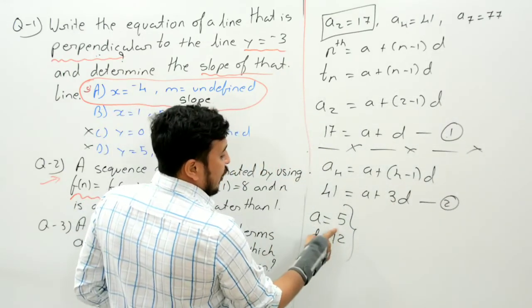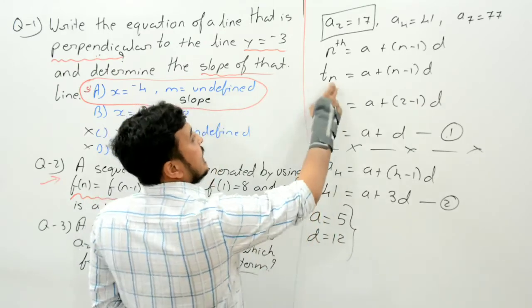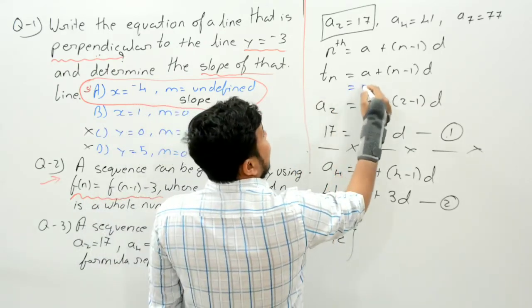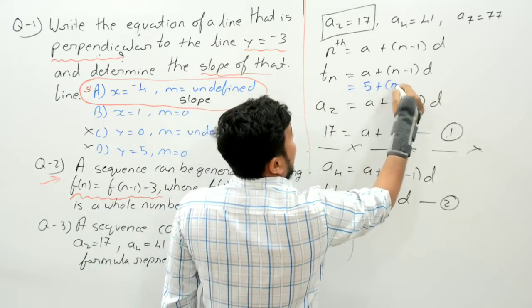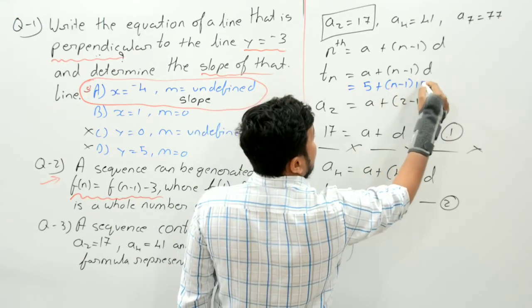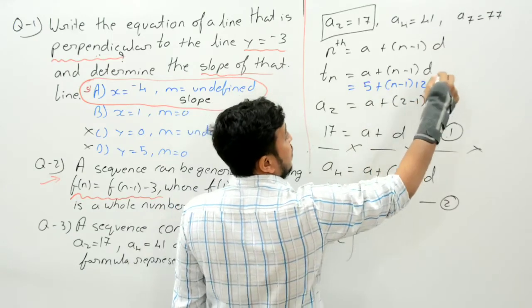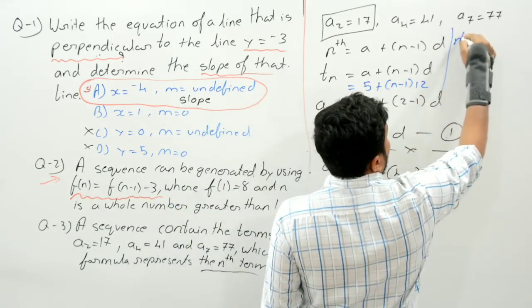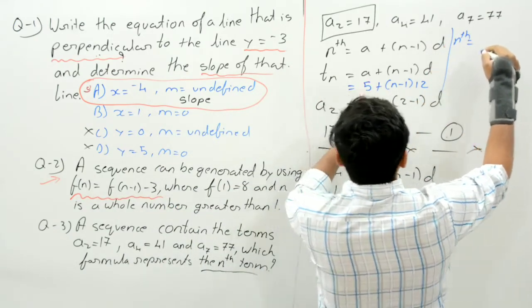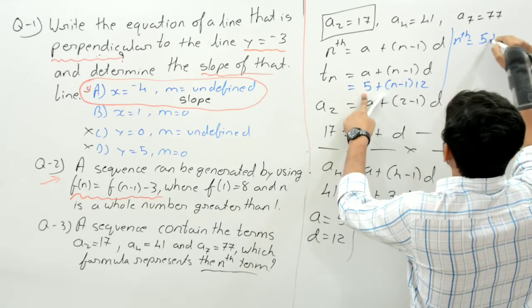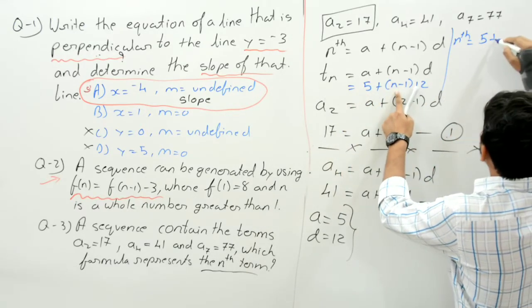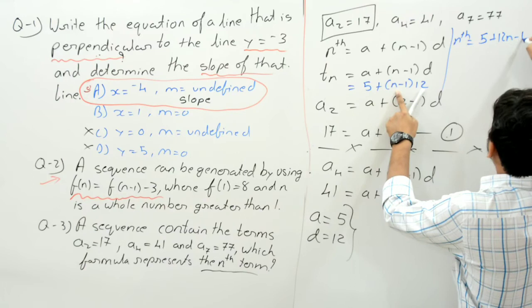Putting these values of a and d in this equation, we get 5 plus (n minus 1) into 12. Therefore, the nth term can be found as 5 plus 12n minus 12.